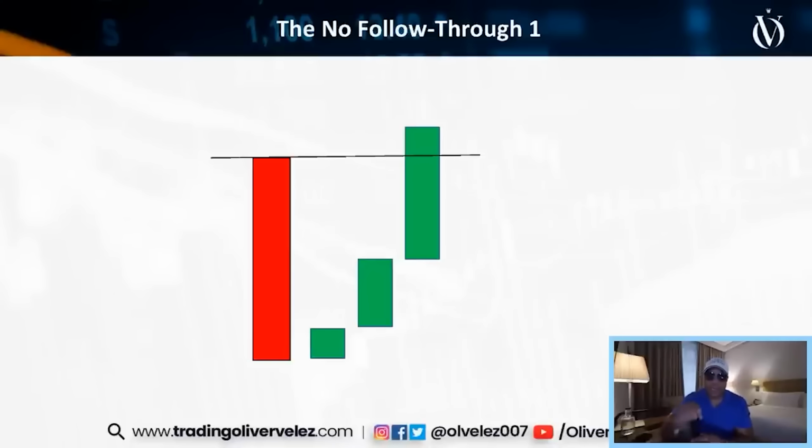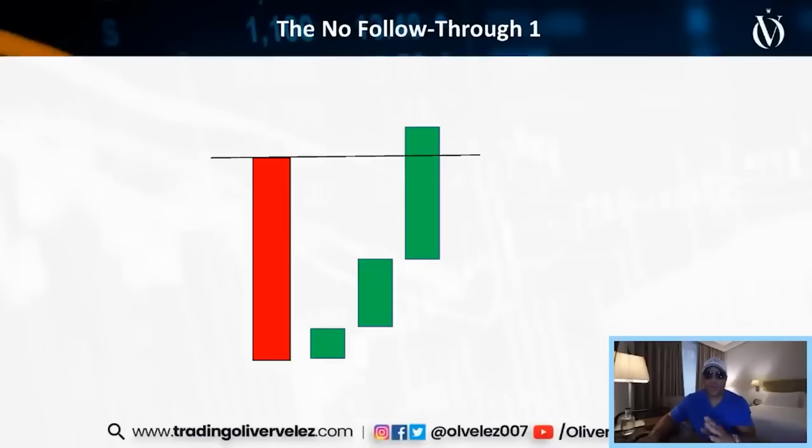But in this case, this is the exception. There is no follow through. The next bar is green. There's no additional red. Like what? Then the next bar is green. What? Okay. That's still not the special part. The second special part is that the red bar to the left gets totally removed.